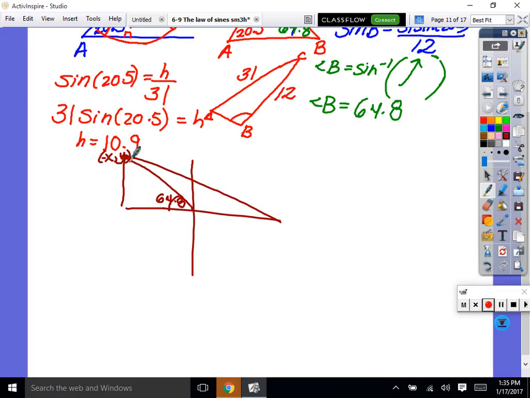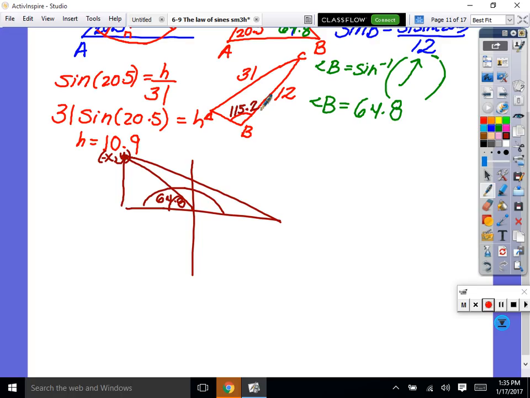But now this angle is obtuse, correct? So we do 180 minus 64.8. That would give us our obtuse angle. 115.2? Yeah. So everybody see, you'll just take 180 minus the acute angle to find the obtuse angle. Reference angles.